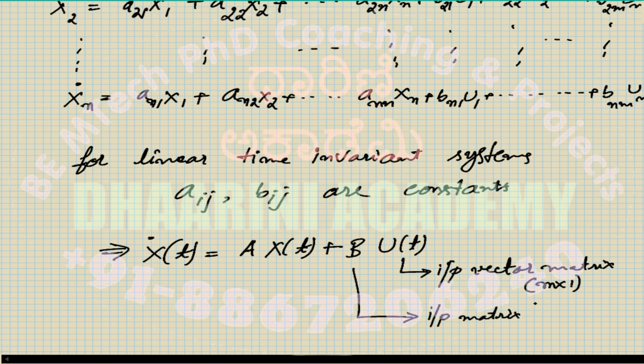It's also called the control matrix. What should be the size? The size is expected to be n cross n. That is the size of the input matrix.